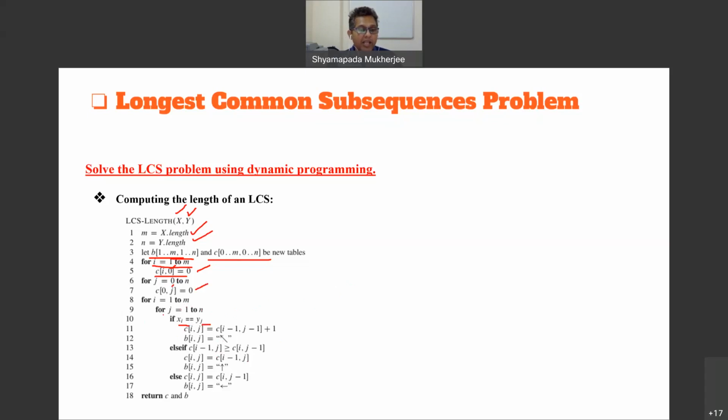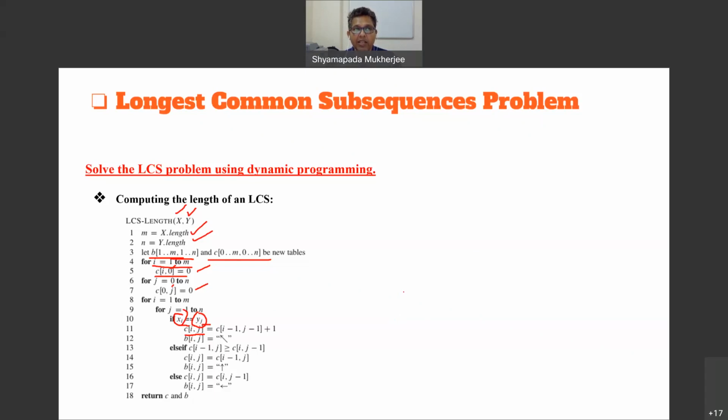If the last element, the xi element, is matching with yj, then because we construct the tables from the bottom up, we need to take the smallest values of i and j, as we have seen in matrix multiplication. Similarly, in dynamic programming, we go by the size of the problems.